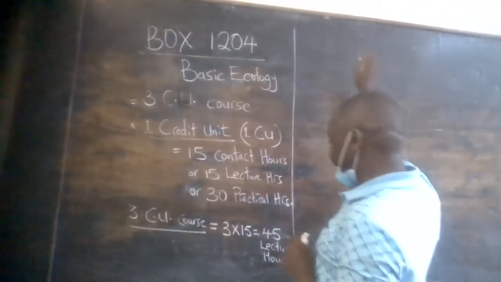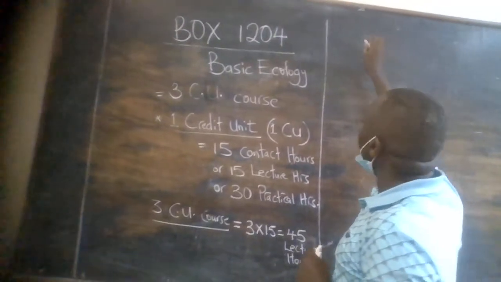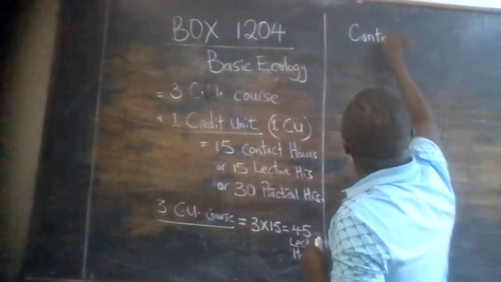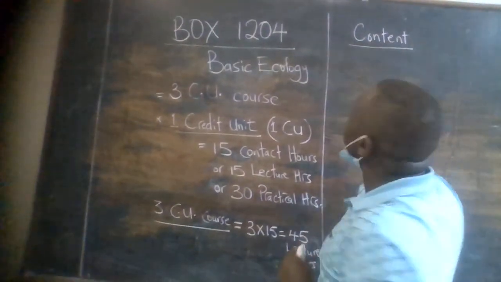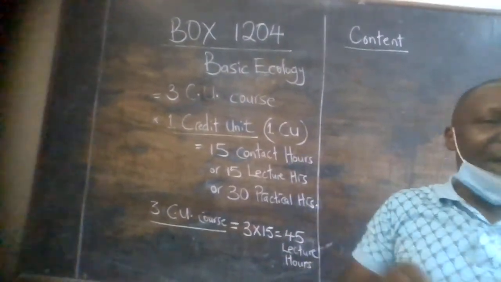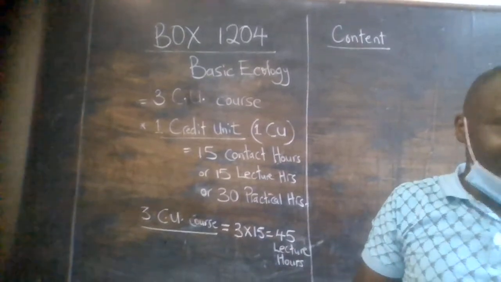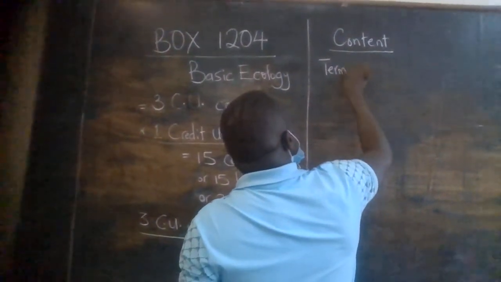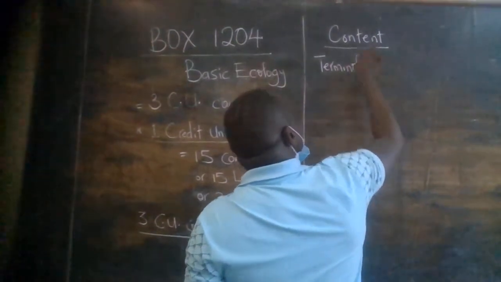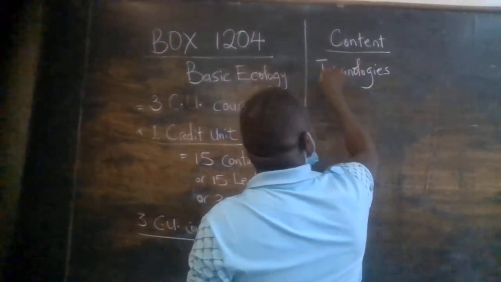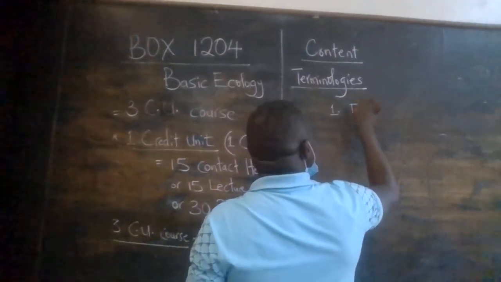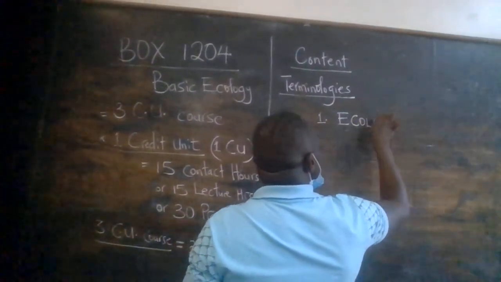And of course, we will be looking at some content. Being basic, we have to begin with the basic terminologies that are used in this course. The basic terminology is the terminology of ecology.